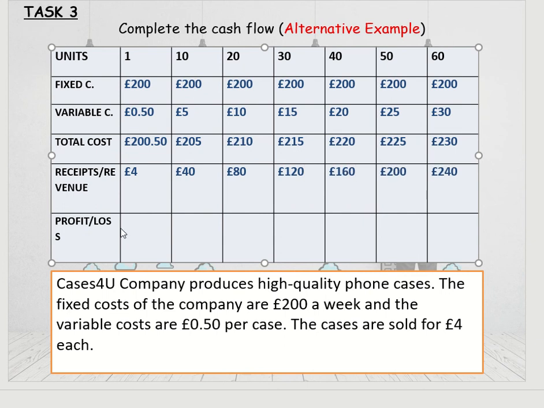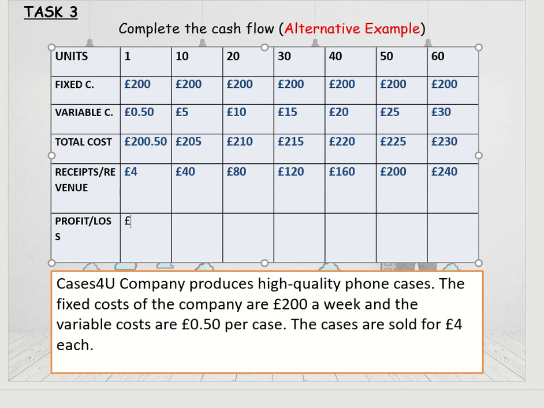The last one's working out the profit or loss, whether the company's making money or is it making losses. So we do this by whatever money you've made, so your receipt from your revenues, your revenue minus the cost it was to get there, to make the actual products. So this would be £4 minus £200.50.